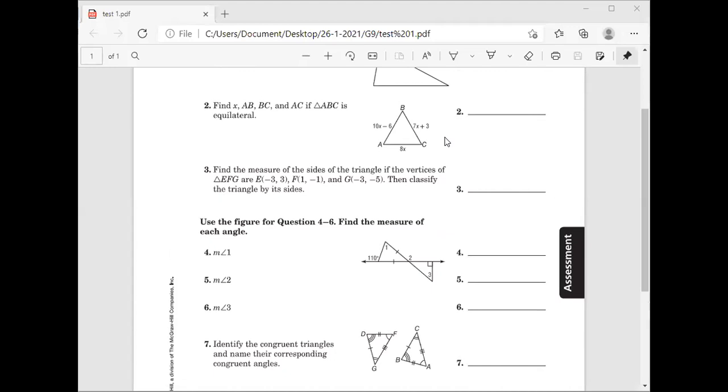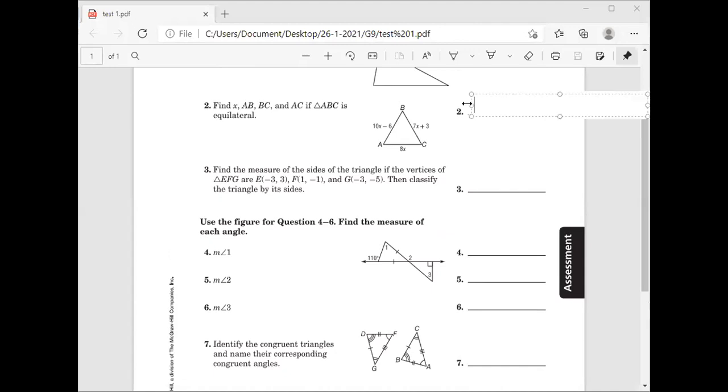Yes. Okay, so we want to answer question number 2. Find x, if the triangle ABC is an equilateral triangle. So how can we solve this question, grade 9?